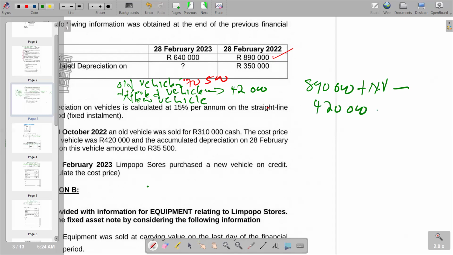You will get the closing cost price balance of vehicles, which is 640,000. And from there, you can now find the value for the new vehicle by making it the subject of the formula, whereby you are now going to say new vehicle is equal to 640,000 that we have on the other side.